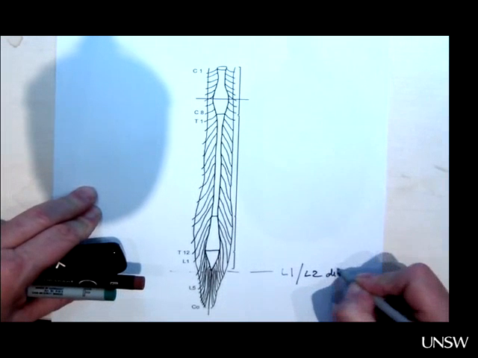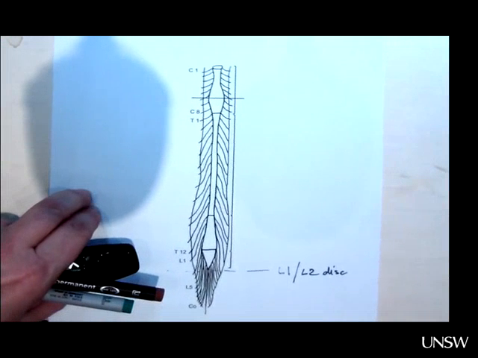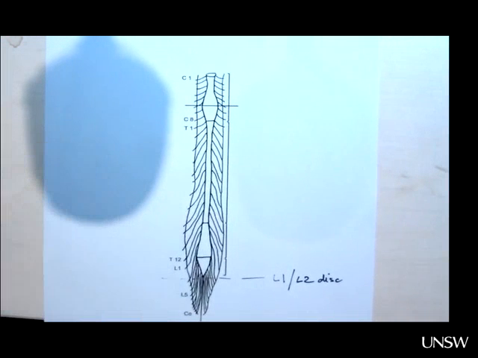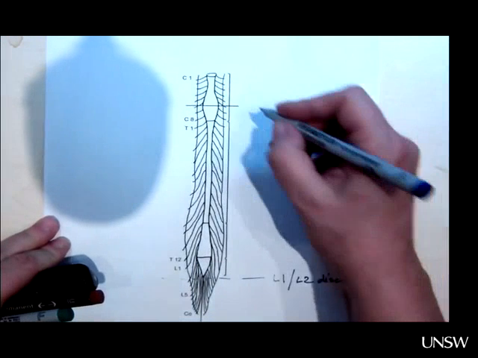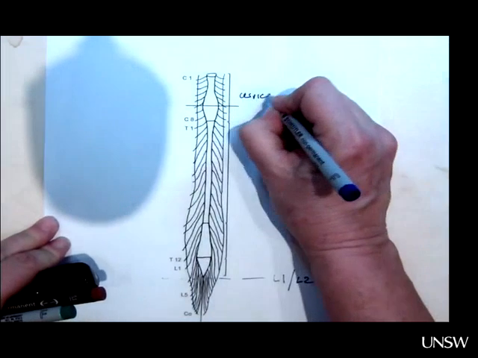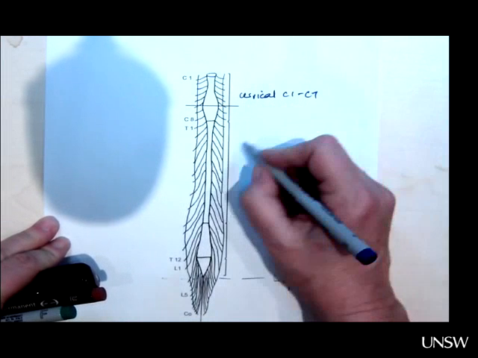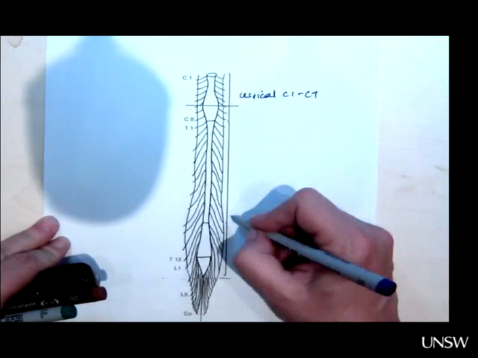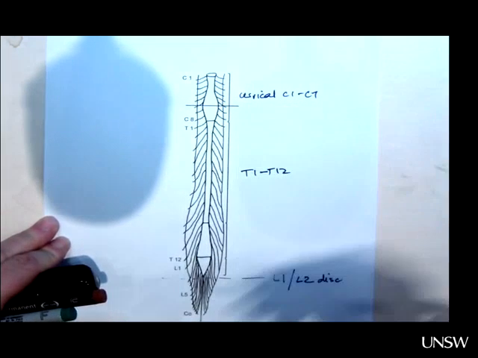disc. As I told you before, it can be one level higher or lower than that disc. On this diagram, each of those lines represents a spinal nerve. So this is the cervical region there, and that's C1 to C7 nerves. Then we've got thoracic, which is this area here, and that's T1 to T12, because there's 12 thoracic vertebrae.